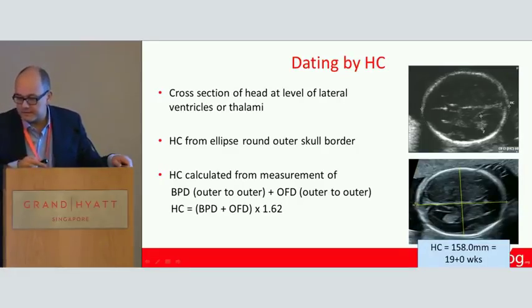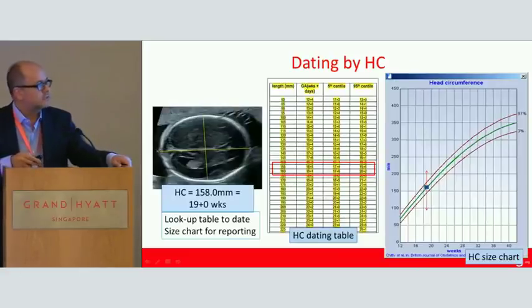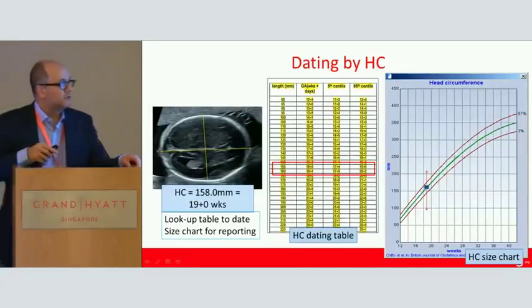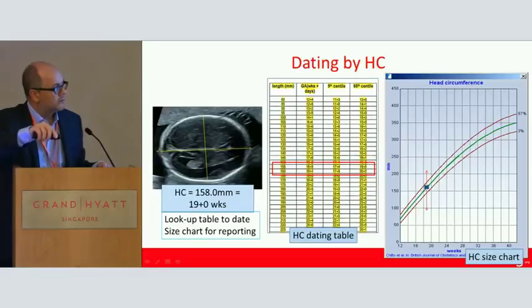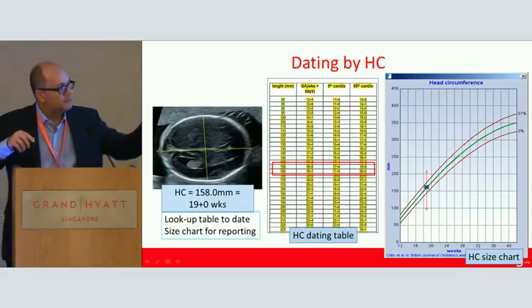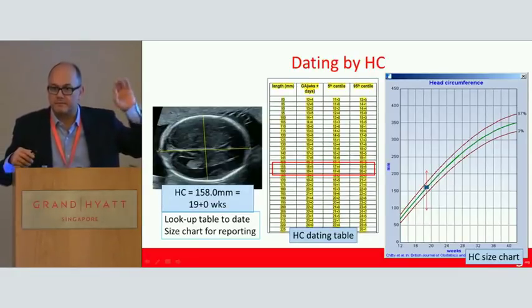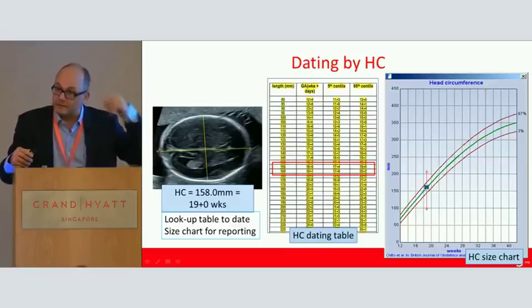Now you can use that head circumference measurement to estimate the gestational age, because we know that at different gestational ages, the head circumference is a different size, and by measuring the head circumference, you go to your lookup chart or this little graph, and you can plot the head circumference on the 50th percentile, and that will tell you what the gestational age is if the baby is an average-sized baby.